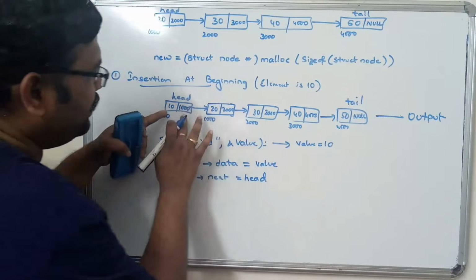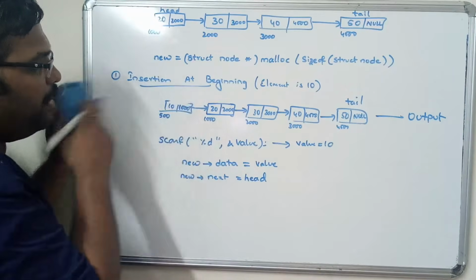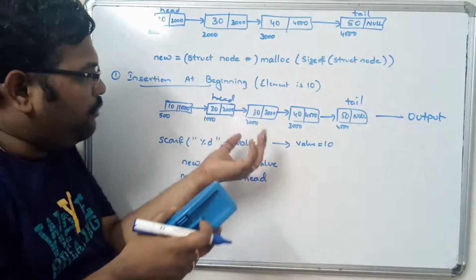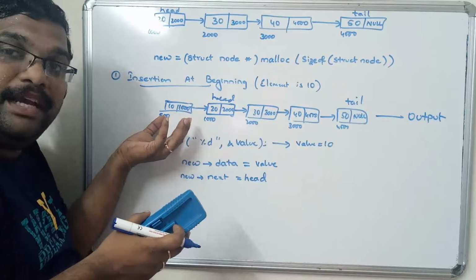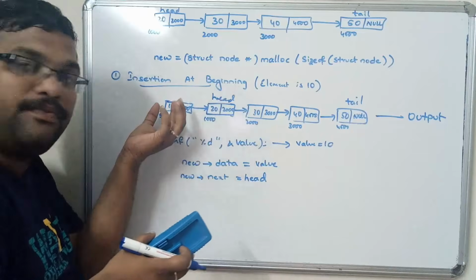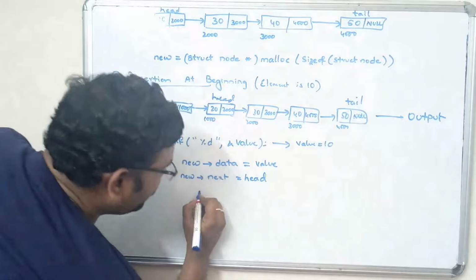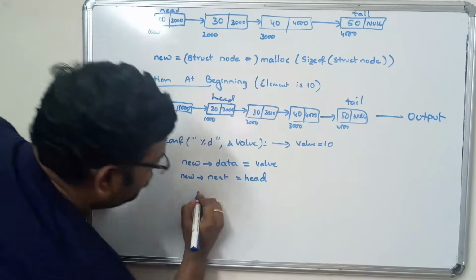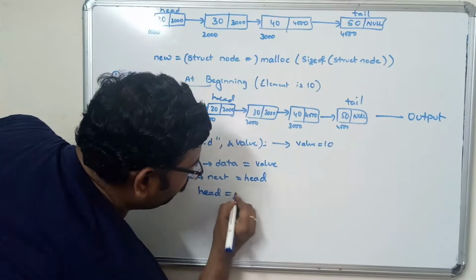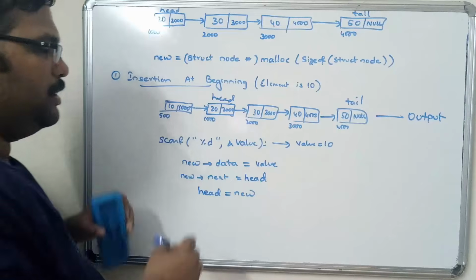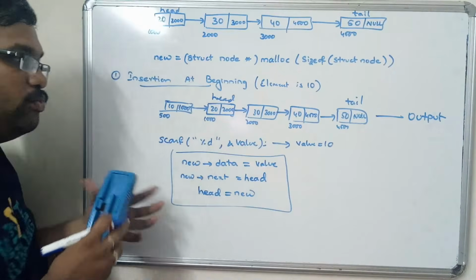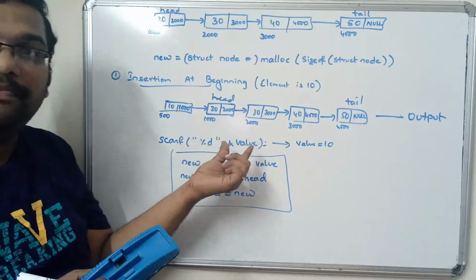So automatically this will be happened, and the head will be placed here itself. So we are just inserting the element at the beginning, so head should be to the first element. So you can directly assign, head is equal to new. So the three statements are required to get this output, right?